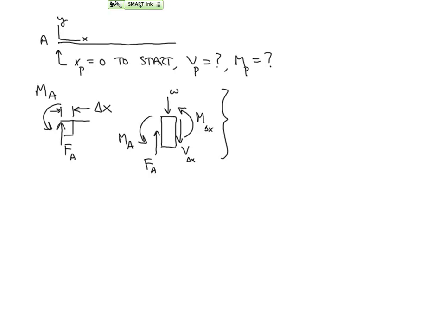Were we to do that, we would find that V tends to plus FA and M tends to minus MA.